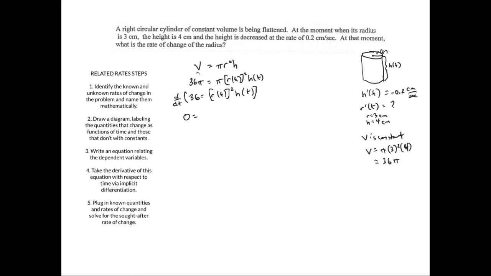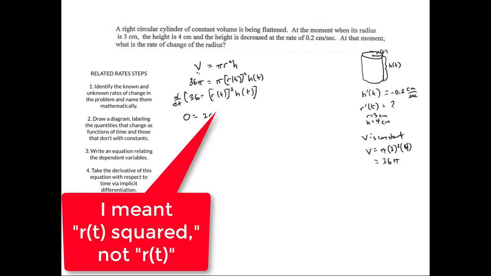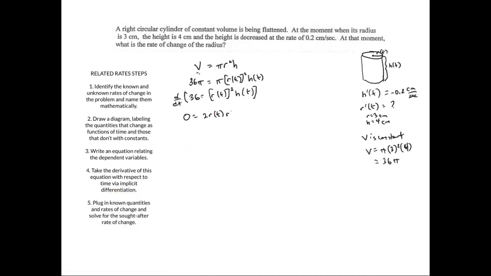And then for this product rule, to take the derivative of r of t squared, I need to use the chain rule. So that would look like this, times h of t plus r of t squared times the derivative of h of t, which would look like that. And again, if you need to write out all this to keep the rules straight, perfectly fine.